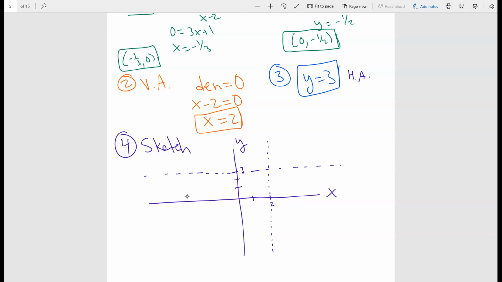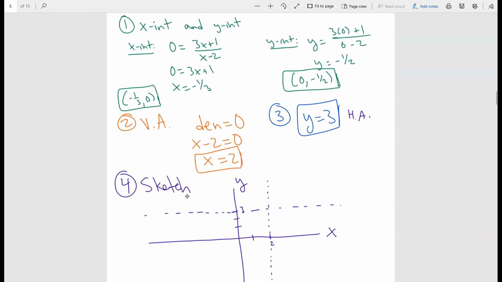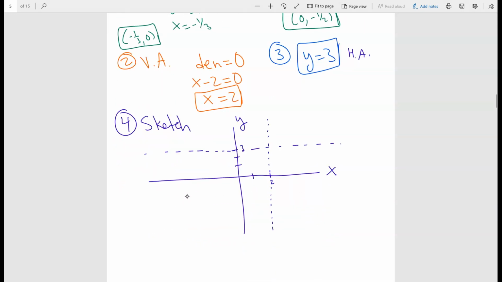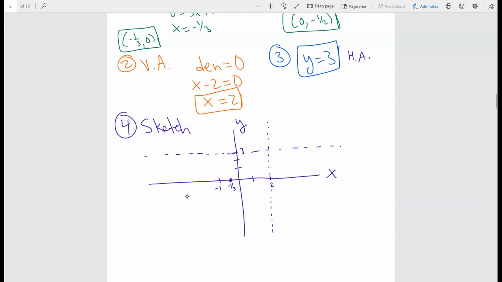Okay, then I have a couple points. I have -1/3, 0. That's my x-intercept. So if I think about this being my -1, -1/3 is going to be around here. So here's -1/3. And then 0, comma -1/2, that's going to be right here. So if I think about this guy being -1, -1/2 is going to be right here.